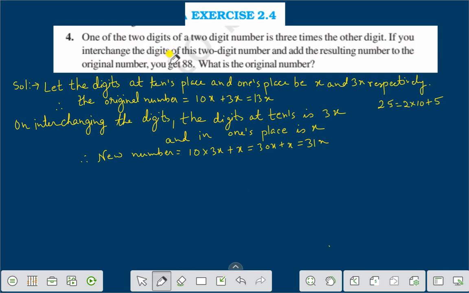Now, if you interchange the digits of this two-digit number and add the resulting number to the original number, you get 88.